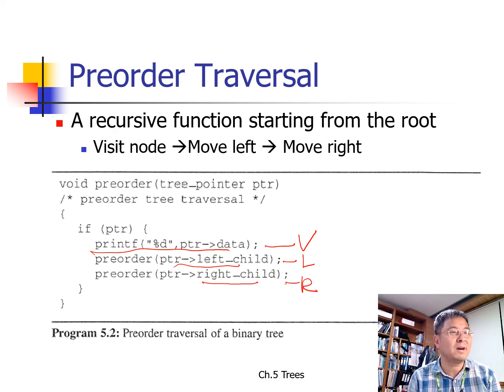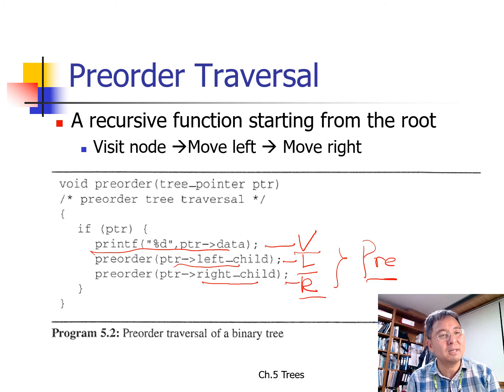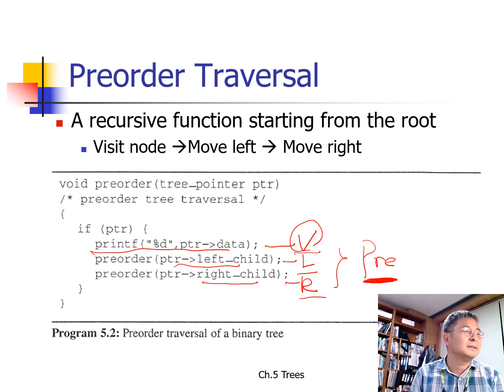So it follows the same sequence, VLR. This is pre-order because pre means the location of the V value goes first, ahead. So the sequence is also important in this implementation.